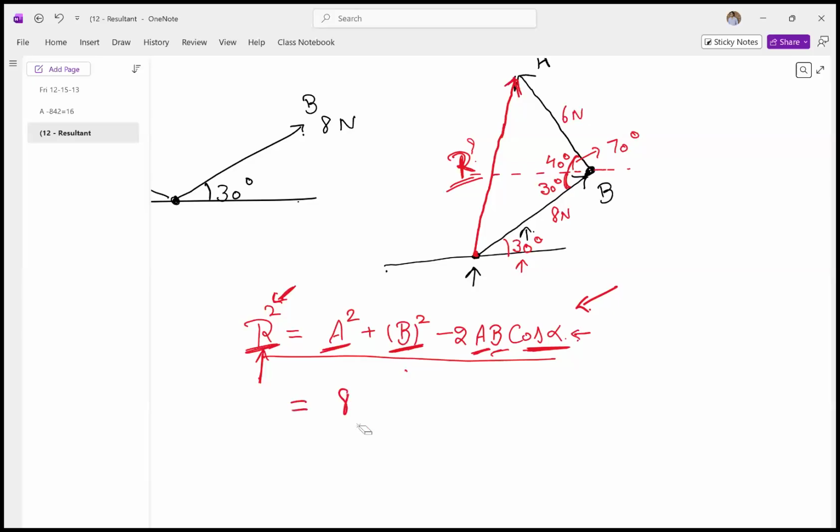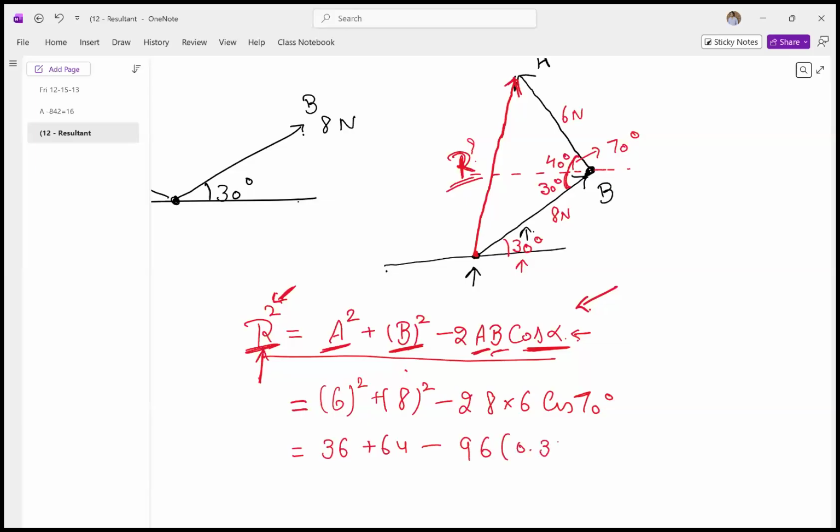So this will be a is 6 square plus 8 square minus 2 times 8 times 6 cos of angle given to us is 70 degrees. Now if I solve this one, 36 plus 64 minus 96 times 0.342, and then that's going to give me r square value as 67.2.